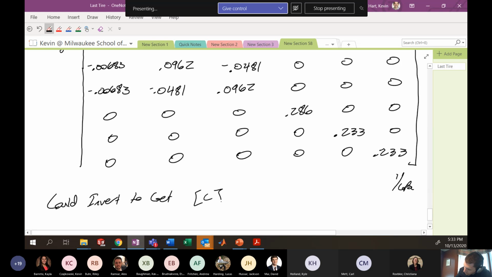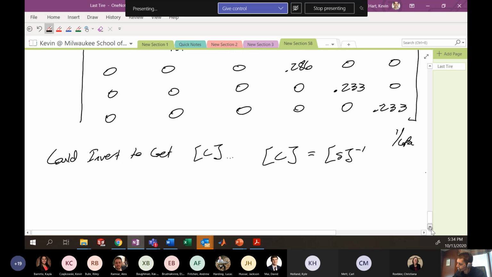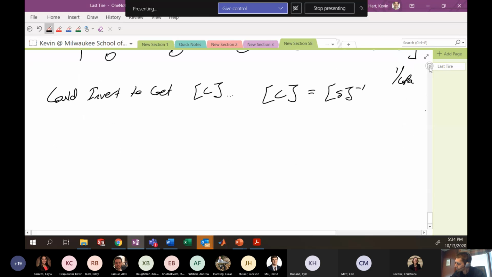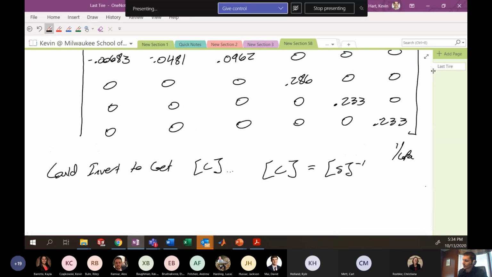To get C, because remember, your stiffness matrix C is the inverse of S. You can do that in MATLAB or your favorite solver, whatever you want. Sorry if some people are still copying that down up there.